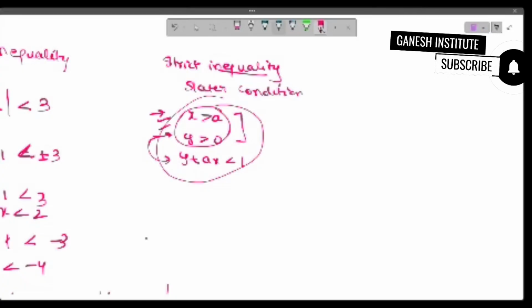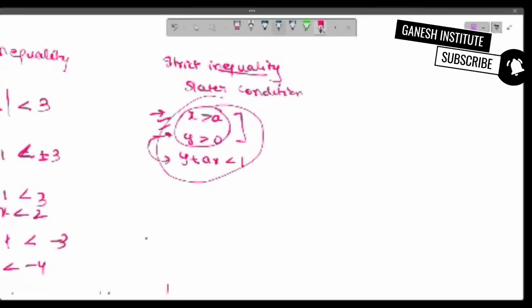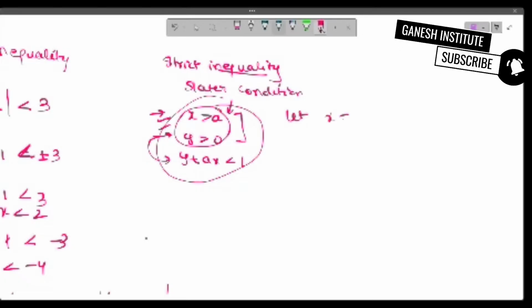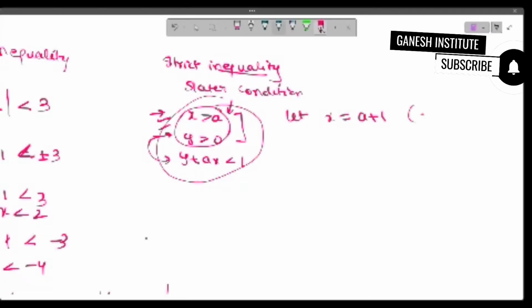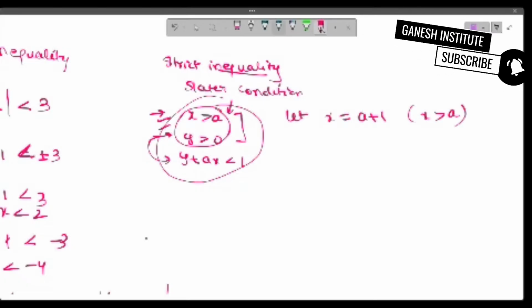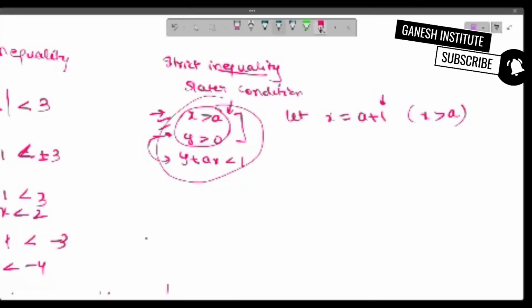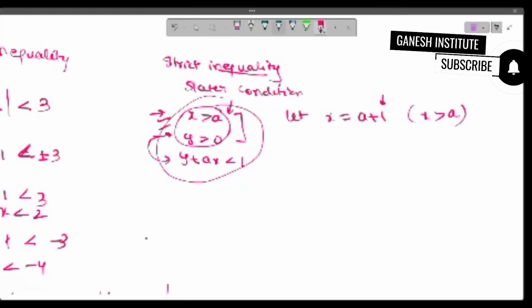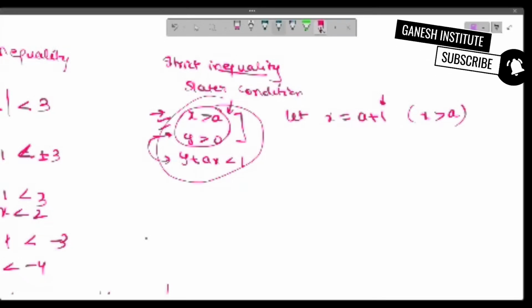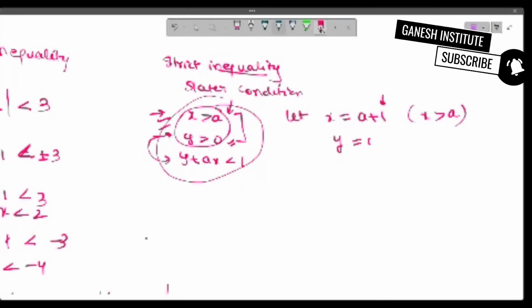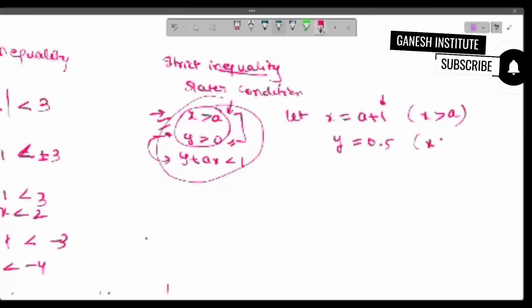For example, see, if x is greater than a, can I assume that x is a plus 1? Because then only x is a plus something. It can be 1, 0.1, 0.2, anything, right? Yes, ma'am. I have assumed y is greater than 0, so let's assume y is 0.5. Anything you can assume.